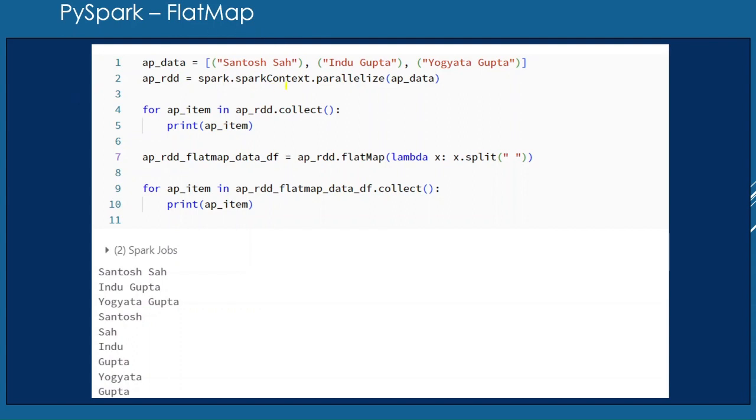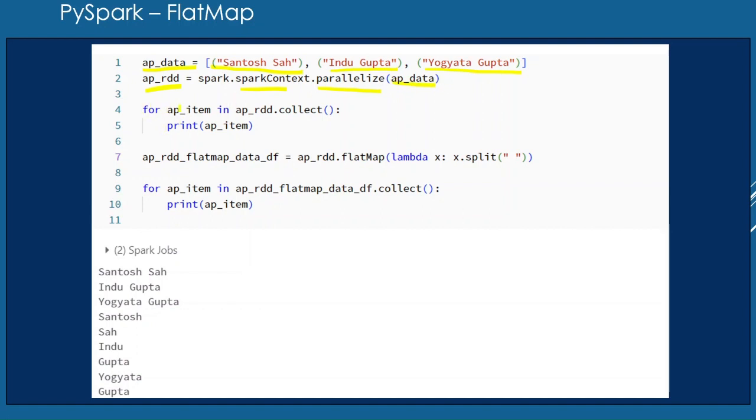So what I am doing in this exercise, I am creating a list variable storing names. I am creating an RDD with the help of the Spark context dot parallelize method by passing this list as an argument.